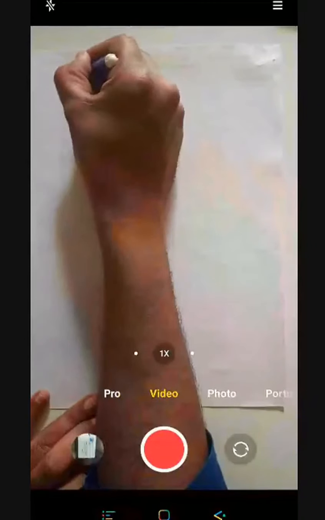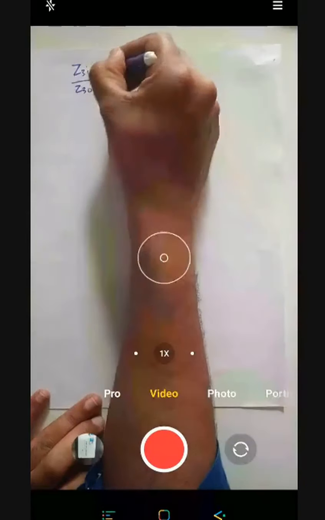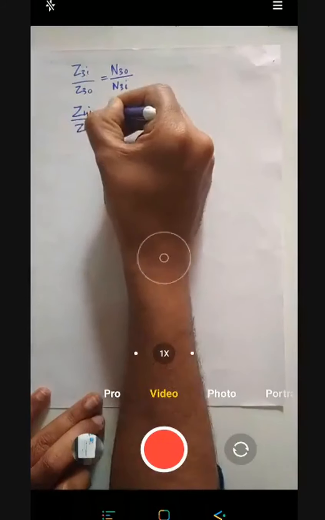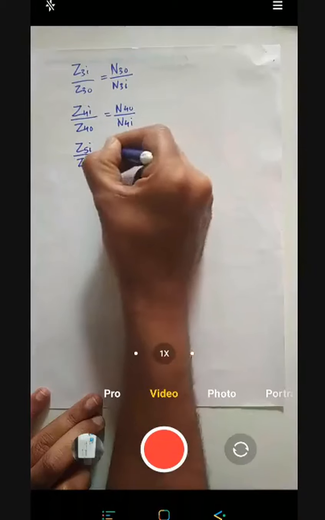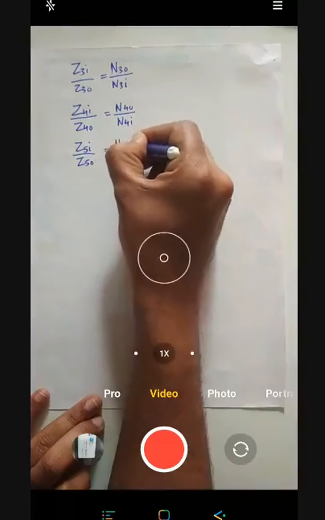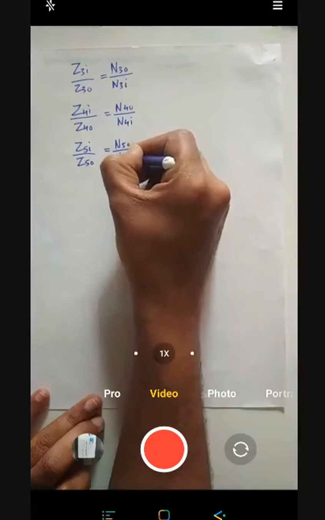So that says Z3 input upon Z3 output will be equal to N3 output upon N3 input. ये एक है. So this is all about equation. ये तो directly we can write based on the knowledge what we have gained.